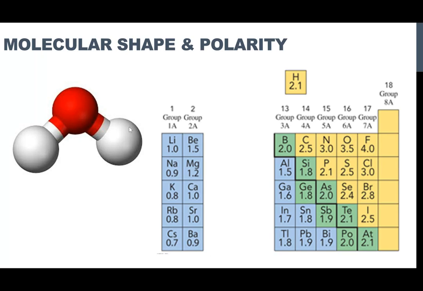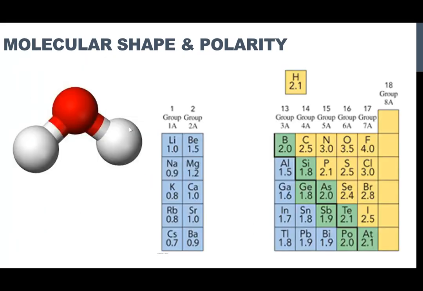And then the other thing we have to look at is, what does that molecule look like in 3 dimensions? Is it pulling in equal and opposite directions, or is it pulling to one portion of the molecule while the other portion is left without? So those are the 2 things we're going to have to consider. Is there a dipole moment to begin with? And if there is, what does the shape of that molecule dictate?